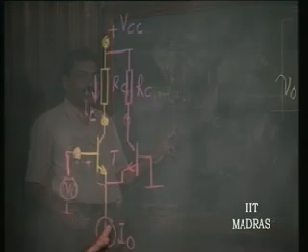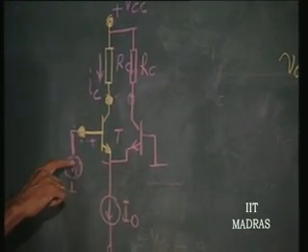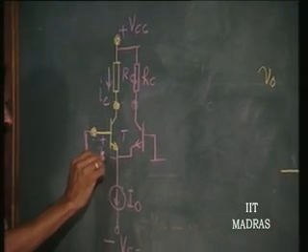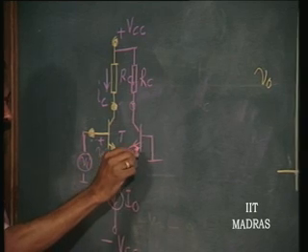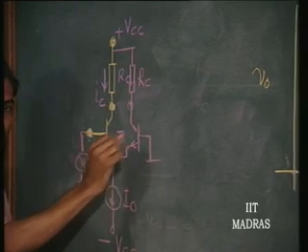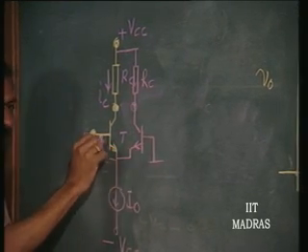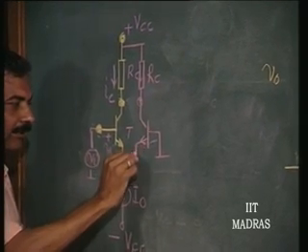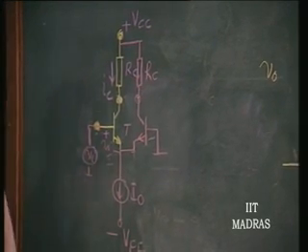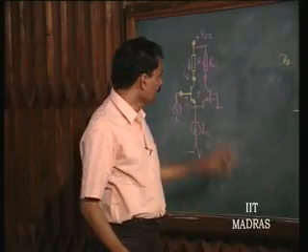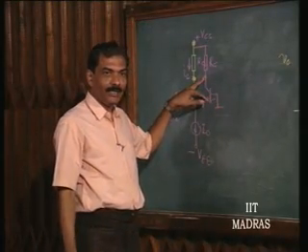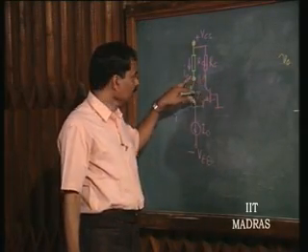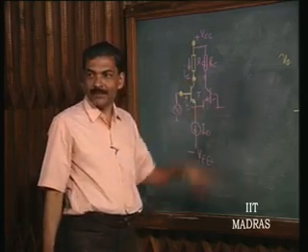This current is going to remain constant, I naught. If signal voltage gets dropped here as Vi by 2, this will be minus Vi by 2 superimposed over VIQ. So it will develop a voltage which will be in phase opposition to this, but of the same magnitude.